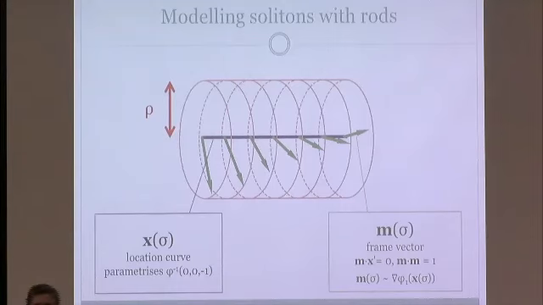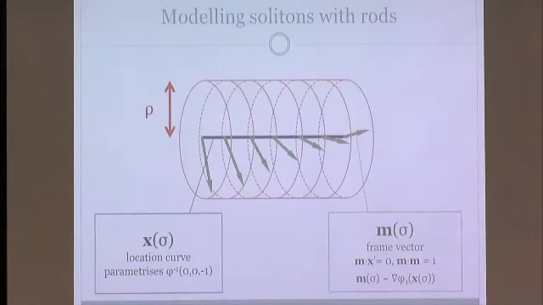Now I'm going to introduce an elastic rod model, and this is going to turn out to be a nice description of the solitons. So, what's in my elastic rod? First of all, I have a blue curve in position space. I can parameterize that by a parameter sigma, and that's going to describe the center line of an elastic rod.